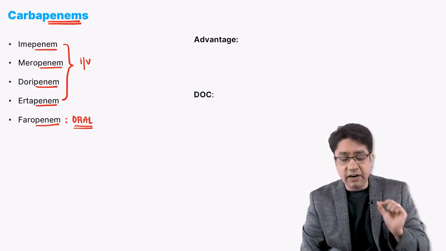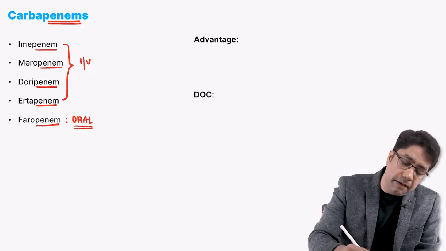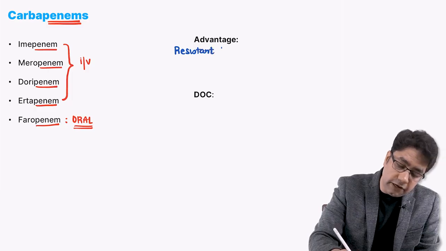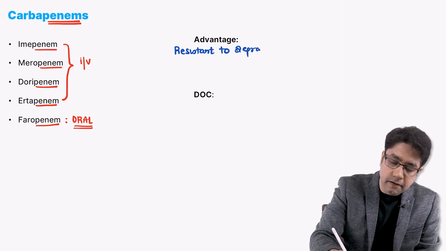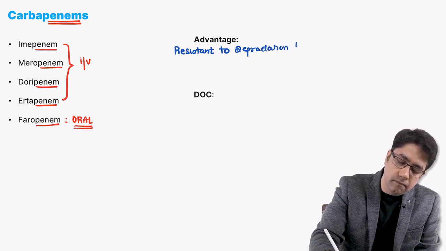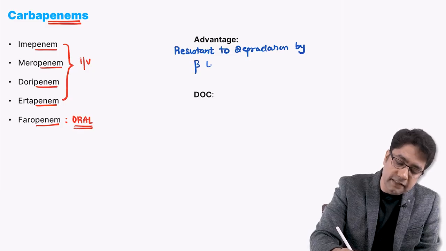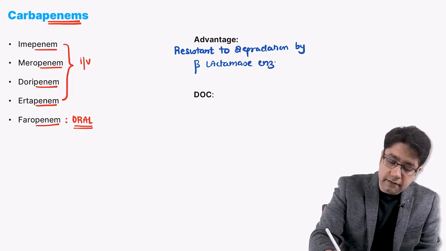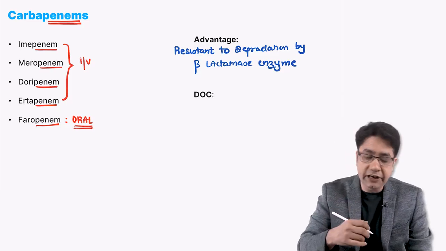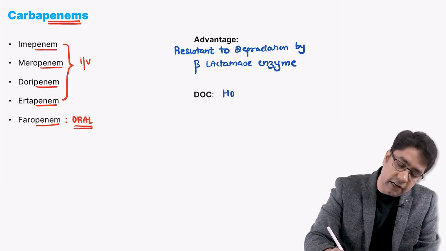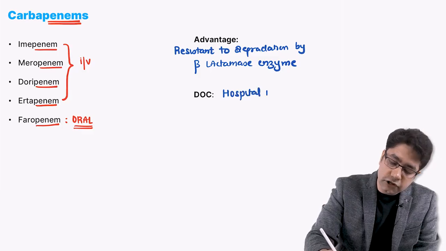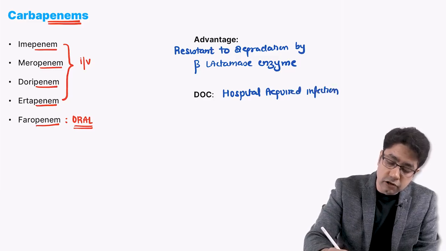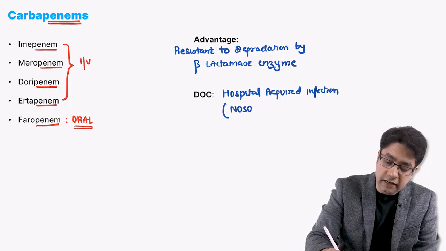Now, what is a great advantage of carbapenems? Carbapenems are resistant to degradation by beta lactamase enzyme. That is why they are not degraded in the bacteria. They are the drug of choice for hospital acquired infections, which are also known as nosocomial infections.